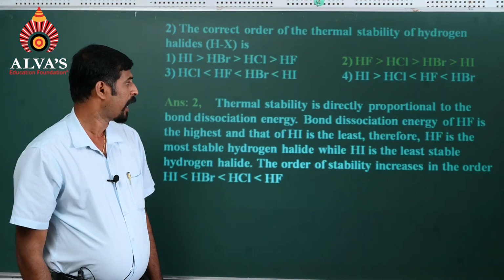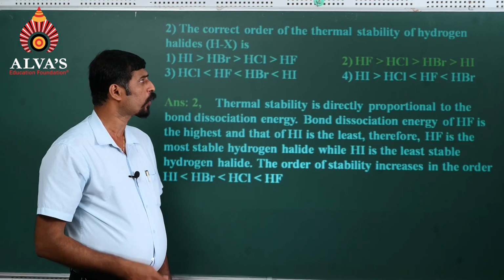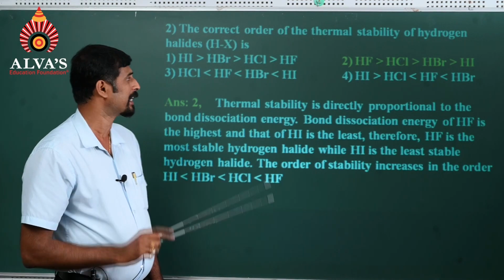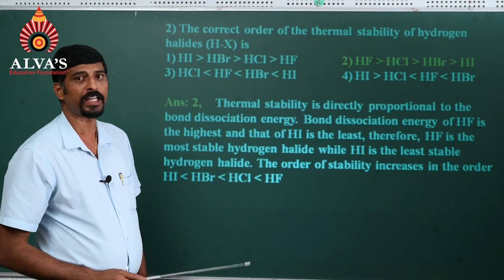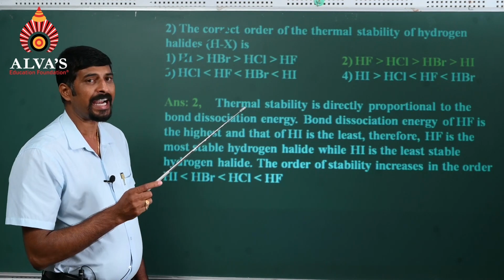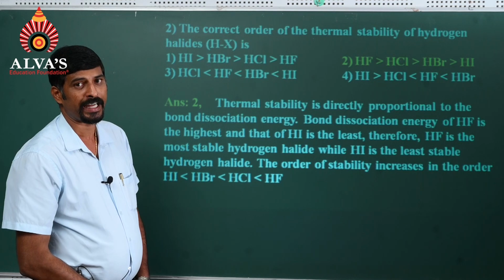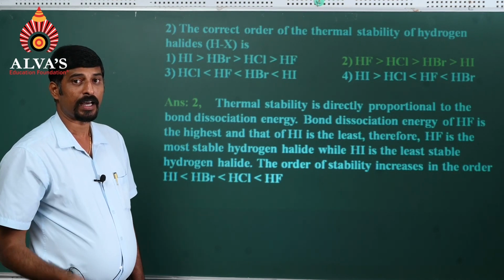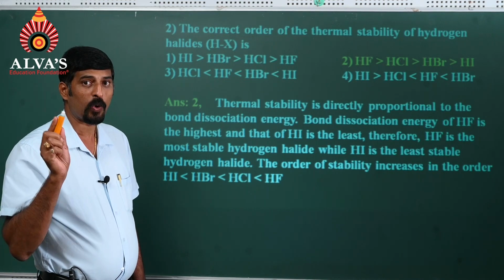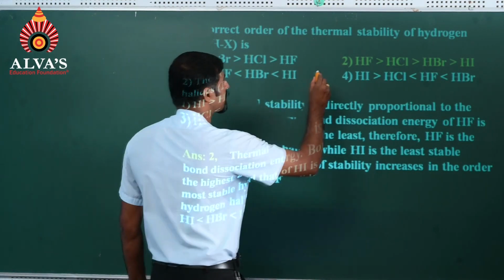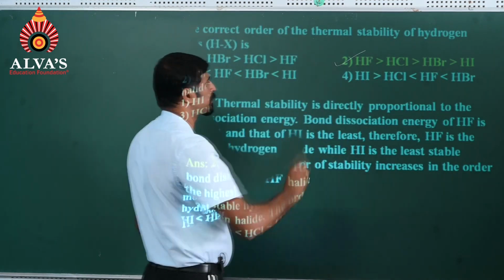We know that as you move down the group, as the size of the halogen increases, the bond length between the hydrogen and halogen atom goes on increasing. As the bond length increases, the thermal stability goes on decreasing. Therefore, option 2 is the right answer.